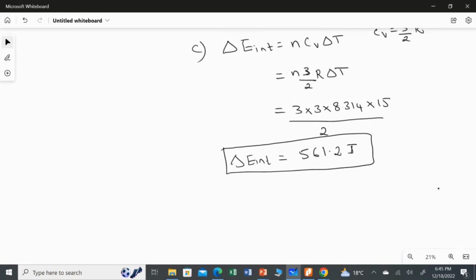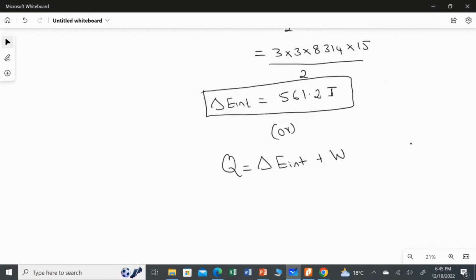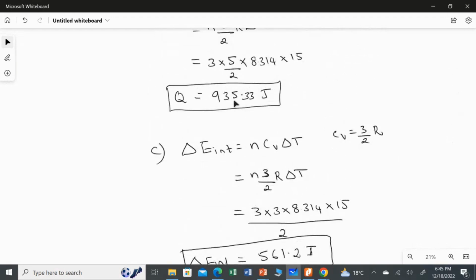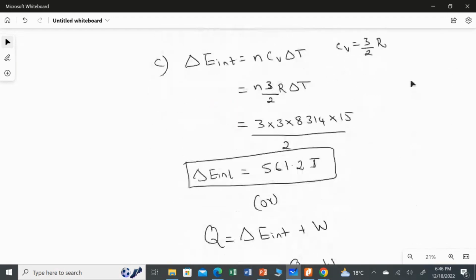If you want to use the first law of thermodynamics, let's try that also. Q is equal to the change in internal energy plus work done. So now I'm going to calculate this internal energy. The change in internal energy is equal to Q minus W. So I'm going to take the value of Q and subtract the value of W. What is the Q value? 935.33.